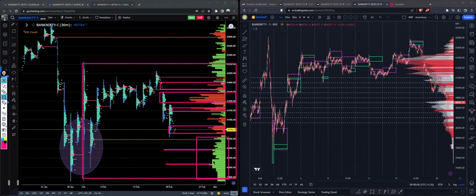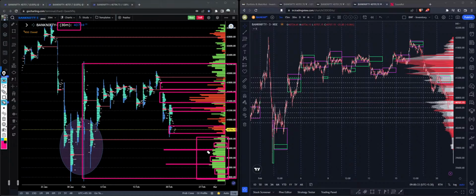There are also some HVNs which I'm seeing, around 4,400, but these are more from the positional trade perspective. I am seeing that there are buyers coming in at the lower edge of the areas. This is on a 30-minute chart. If I go into the 3-minute chart, you will see some sort of trapped sellers here, and those are the areas of my particular interest.